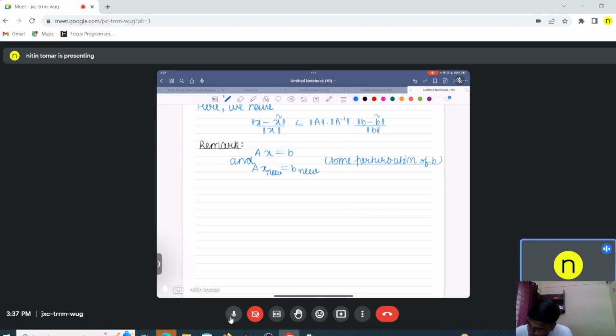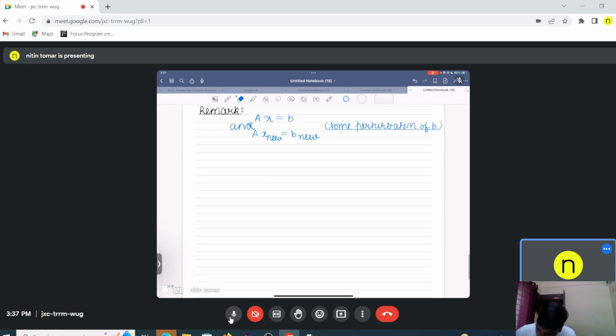So now what this theorem tells us, that the error, so this is the error, right? So what is the relative error in the solution?